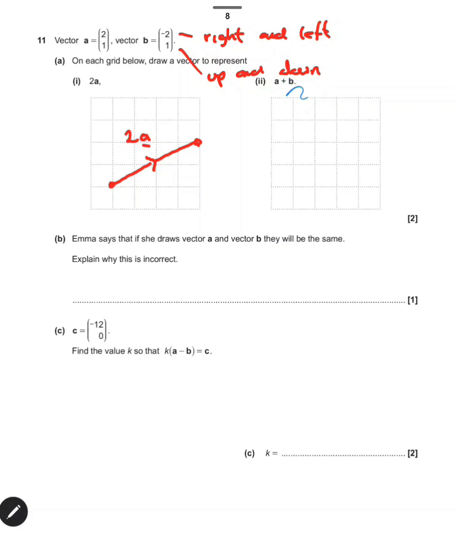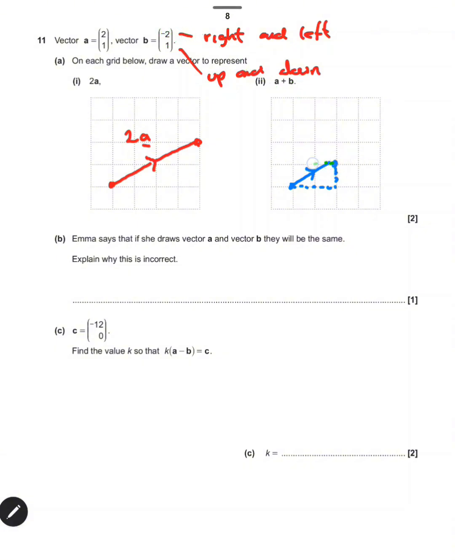Over on this side, I'm asked to draw A plus B. Well, again, A is 2 to the right and 1 up. So I'm going to go 2 to the right and 1 up. That is A. Then I'm going to add on B, and B is 2 left and 1 up.